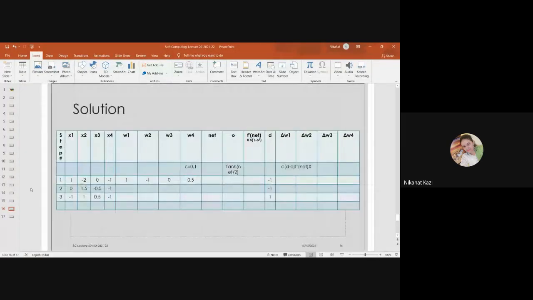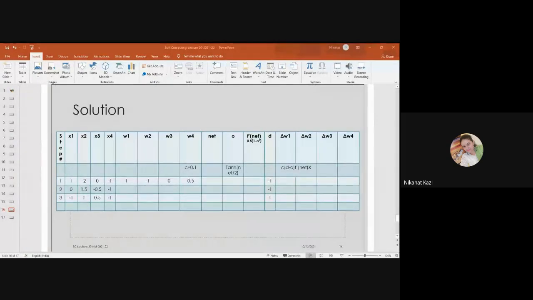I'll share my screen again. Whatever was given in the problem, I've put in the form of a table: X1, X2, X3, three patterns, three steps.